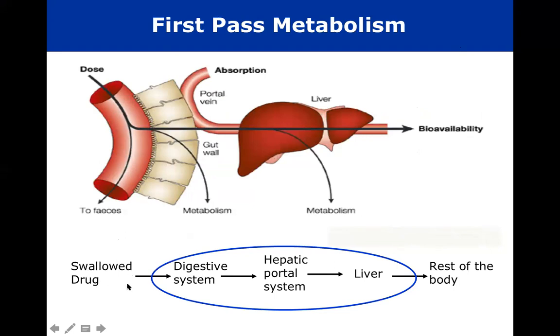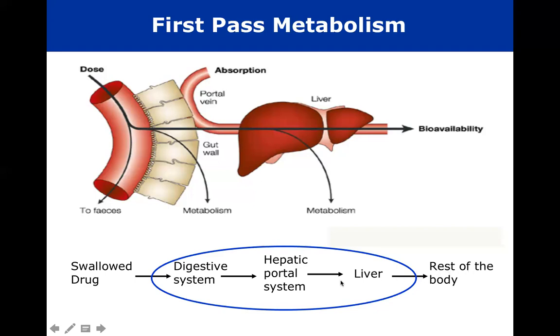This is the swallowed drug, and here the digestive system, the loss in the digestive system, and here the loss in the hepatic portal system, and here in the liver, and the rest of the drug reaches the systemic vascular compartment, in which it undergoes the systemic metabolism.